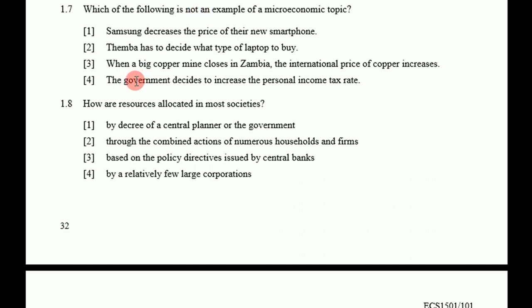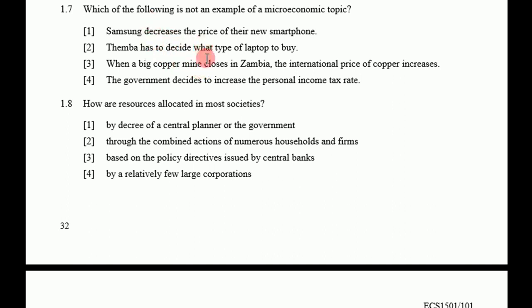So the government decides to increase personal income tax. This doesn't affect a particular company or one person, it affects everyone. So this is an example which is not a microeconomic topic. All these other ones are just for a copper mine closing in Zambia, just for timber, just for Samsung.